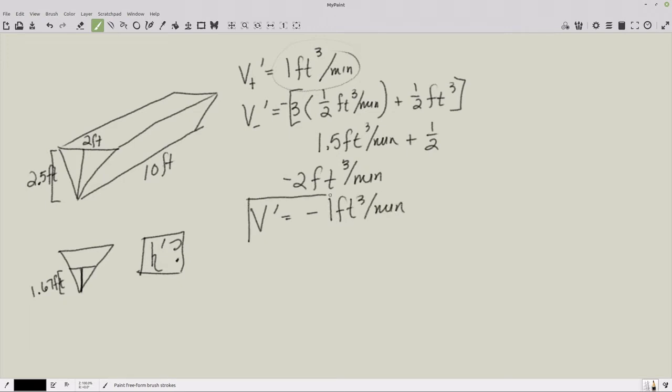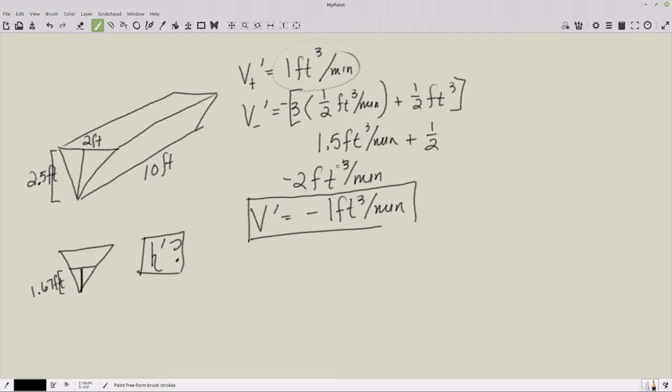Okay, now this is where it gets kind of complicated. It's not asking for the change in volume, it's asking for the change in height over this period of time. In order to do that, we need to consider what the volume is actually calculated from.